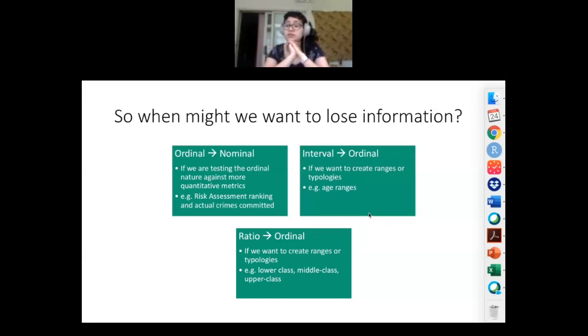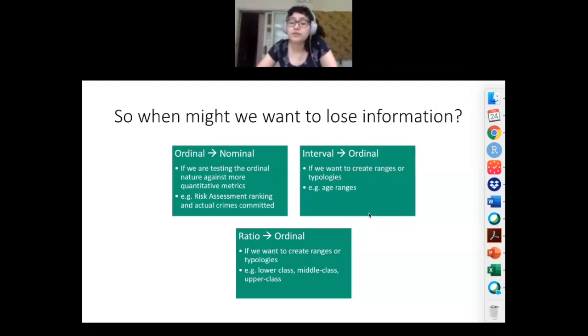If we want to create ranges or typology, for example, age ranges, we might convert an interval into an ordinal. So we might create categories like 0 to 10, 10 to 20, that meet our analysis's needs. If we're thinking about generations, it might be better to categorize people into different generations than just taking their unit of age.